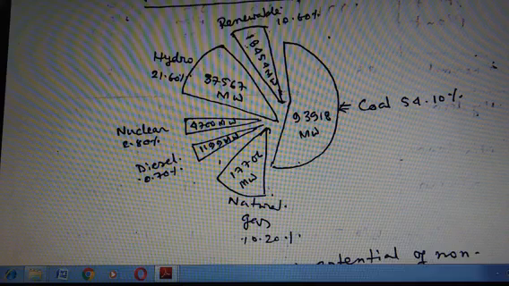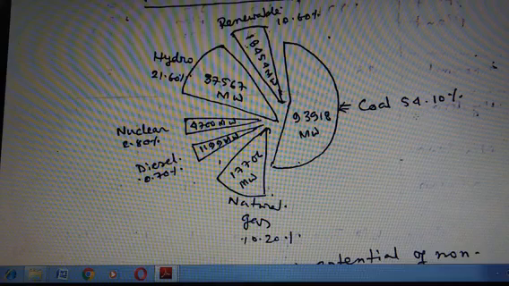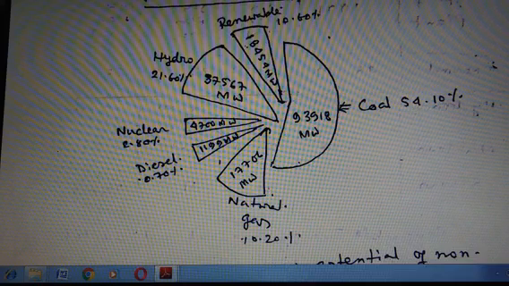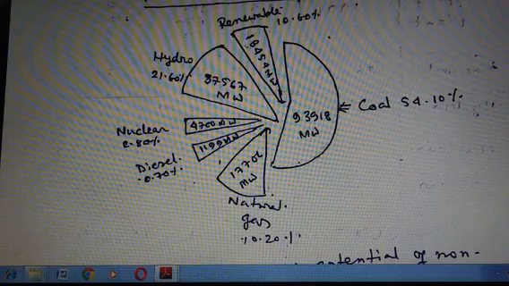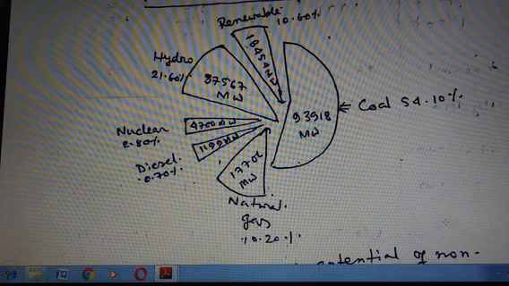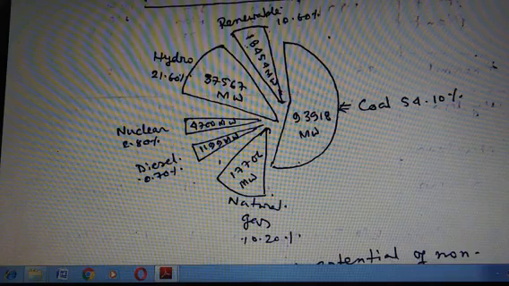So the amount of total energy in our country coming from coal is 54.1%, and that is 93,918 megawatt. Next is natural gas. From natural gas, 10.2% of total energy is generated in our country.